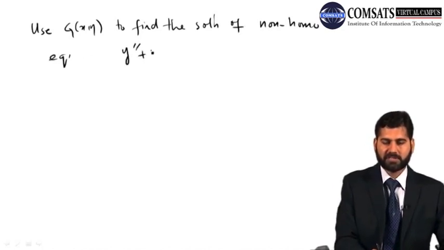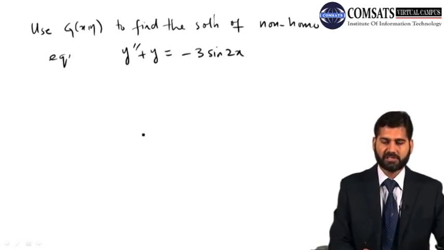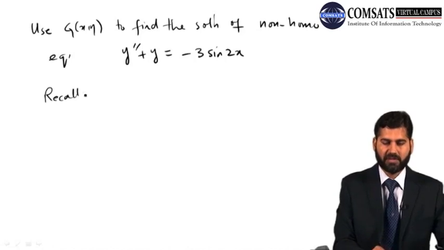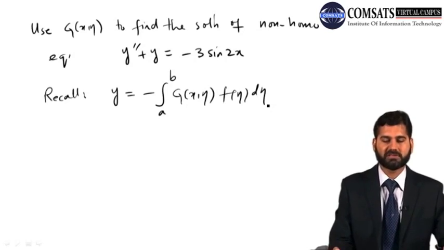y double prime plus y is equal to minus 3 sine 2x with the same boundary conditions. Alright, so this is what we have, and if you recall, the solution is y equal to minus the integral from a to b of g(x, eta) f(eta) d eta, which is your particular solution.